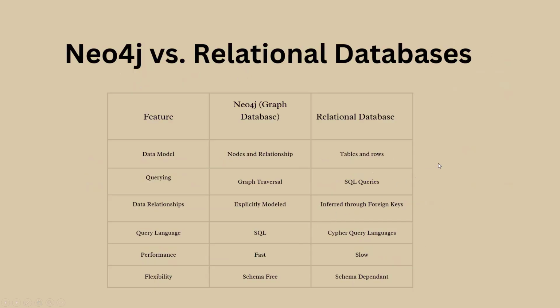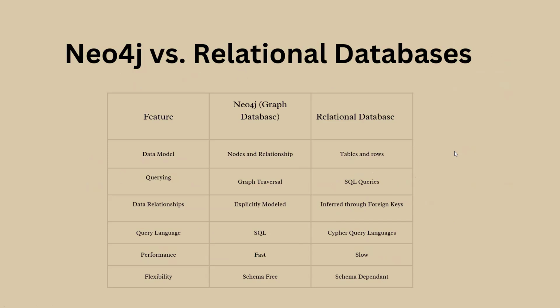Now, the next thing is we'll see the difference between Neo4j and the relational database. The first thing here is the data model. In Neo4j, the data is represented in the form of nodes and relationships. But in a relational database, it is in the form of tables and rows.